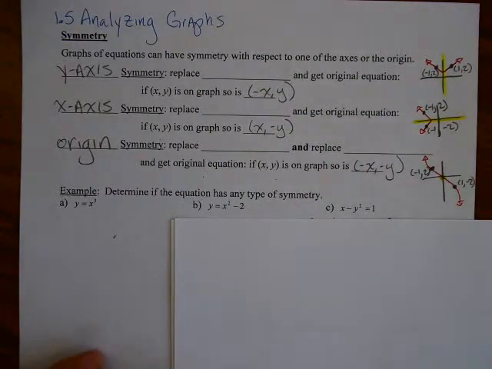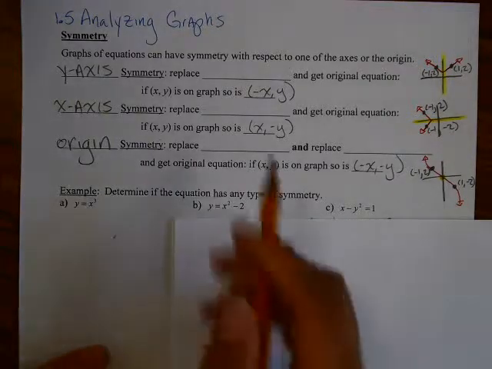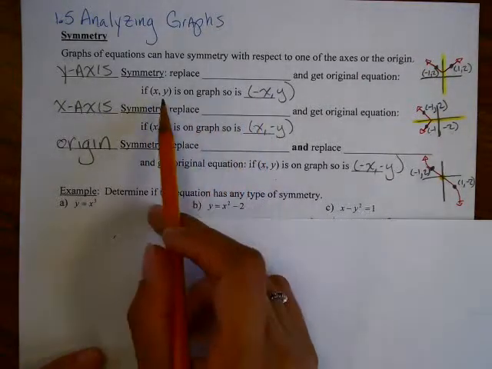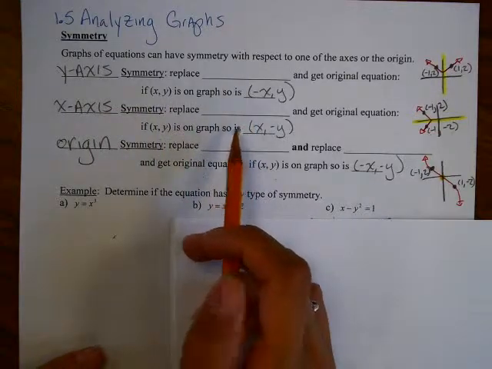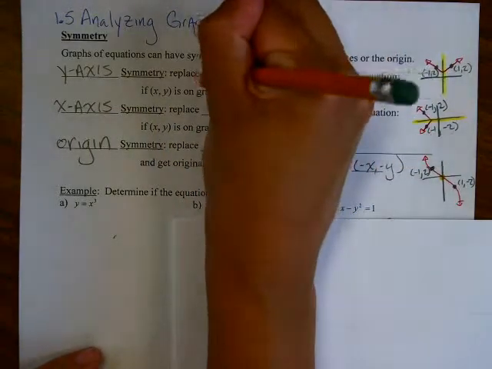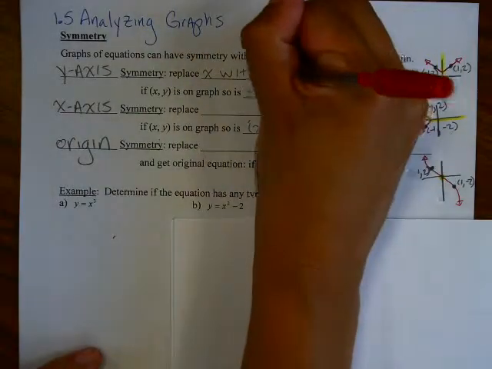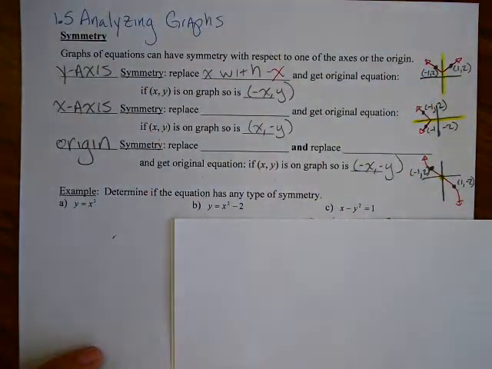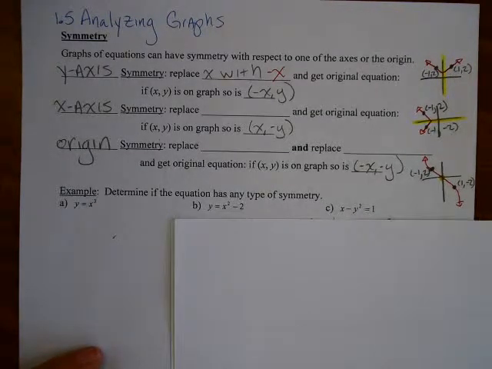Now this plays a key role in how we tell if the equation is going to have a certain type of symmetry after we graph it. So for this one, since both of these are on the graph, what we're going to do to the equation is replace x with -x. You're going to simplify it, and if the equation is the exact same one that you started with, you know that that graph will have y-axis symmetry.